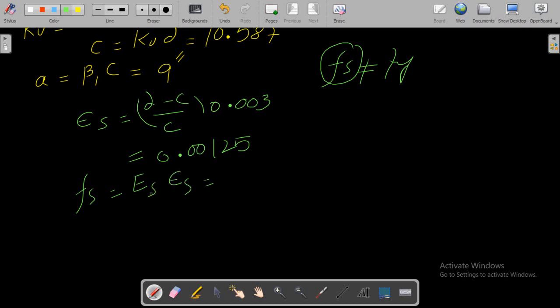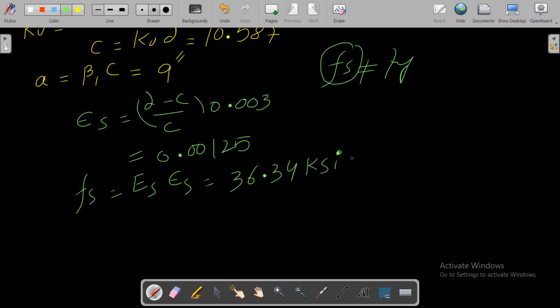We know this is 29,000 and we have to multiply with this. What I got here, multiplying the strain value by 29,000, is 36.34. Now this is important, this is in KSI.